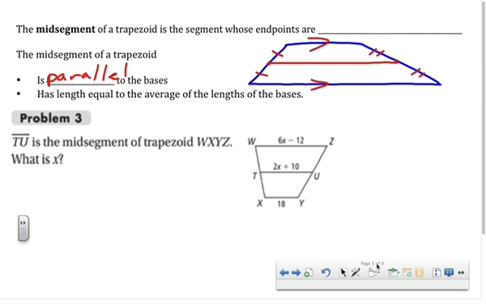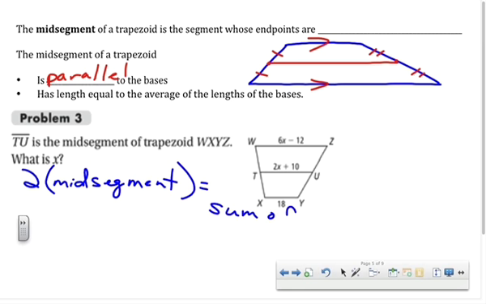You may recall, especially those of you that ended up having to go back and do the skill quiz for mid-segments, you may recall my reiterating to you, you double the mid-segment and then set it equal to the third side. So by the same token here, what we're going to do is double the mid-segment and then set it equal to the sum of the bases.